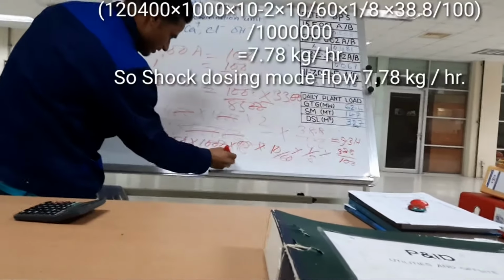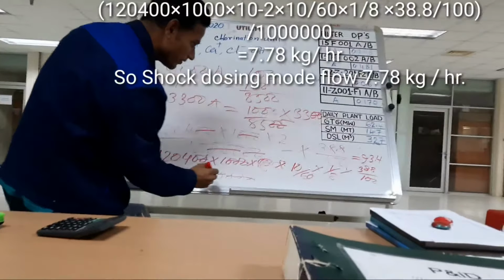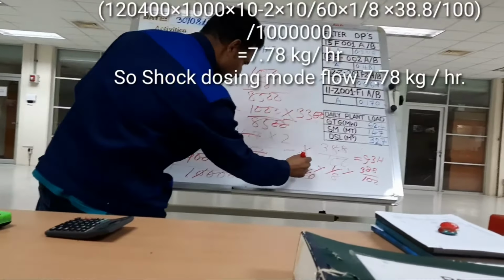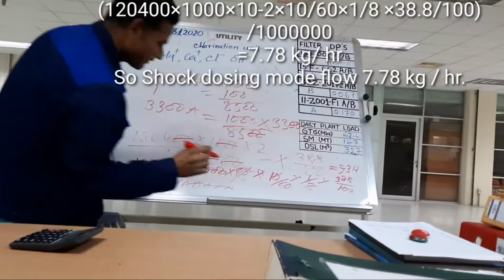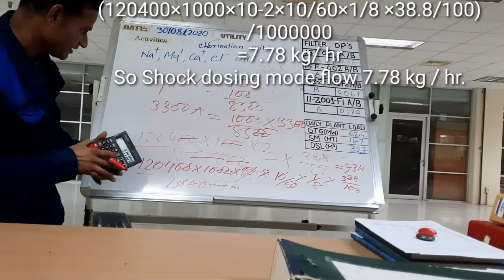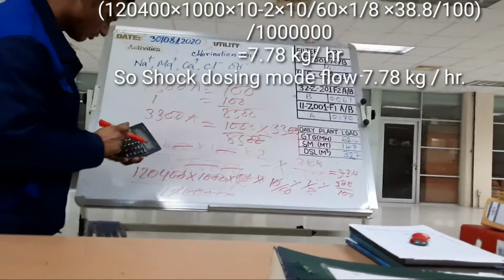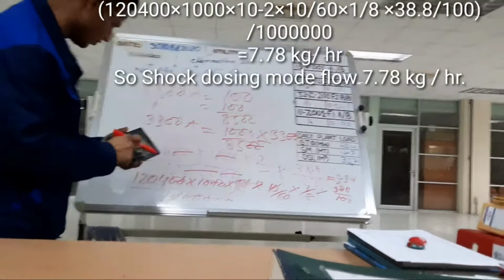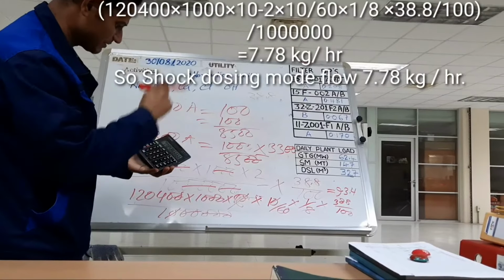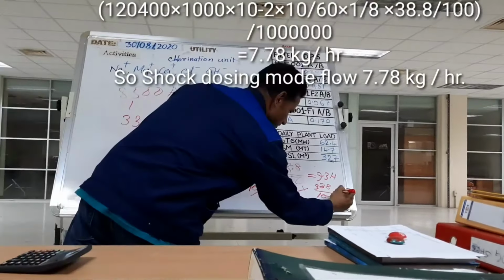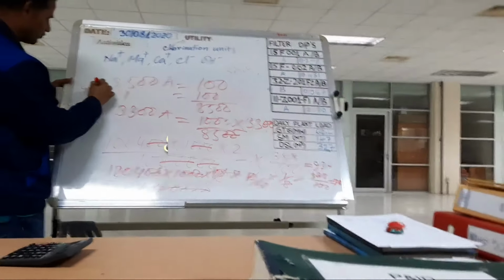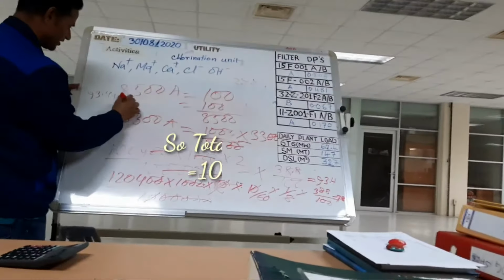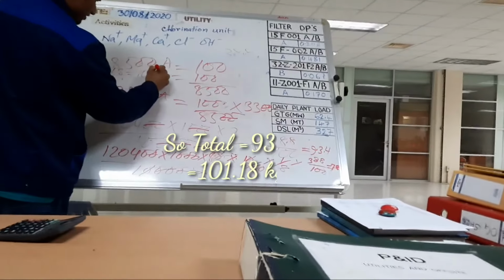Now the calculation is complete: 1204 into 38.8 divided by 6,000 gives 7.78, about 7.8. So total coming is 93.4 plus 7.8, which is 101.2.